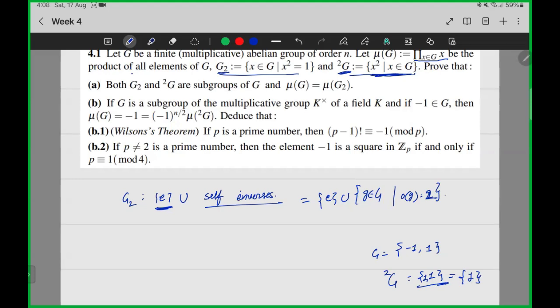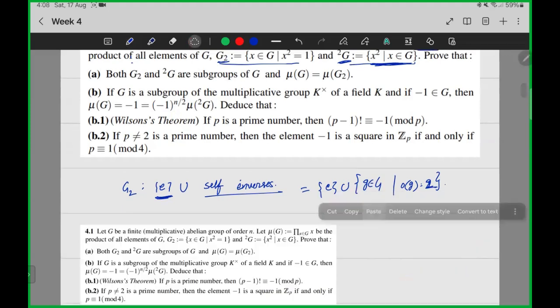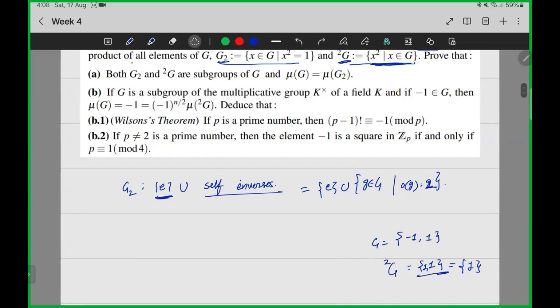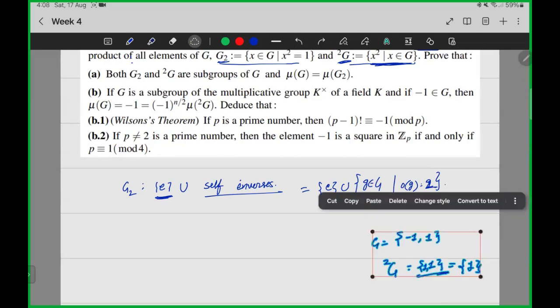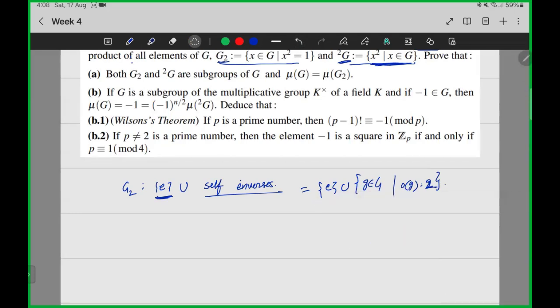So now we solve the first part of the problem, where we have to show that G2 and 2G both are subgroups of G. Why is G2 a subgroup? Because it's abelian.